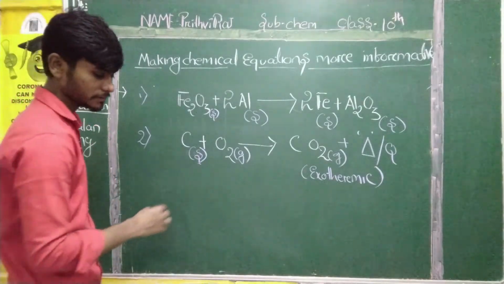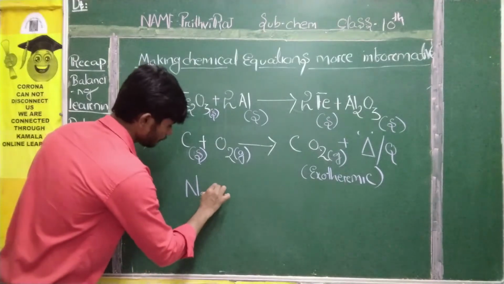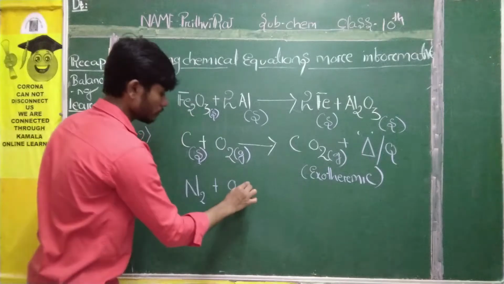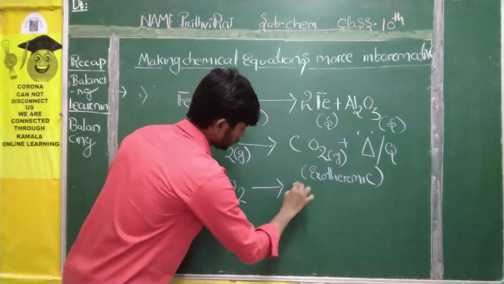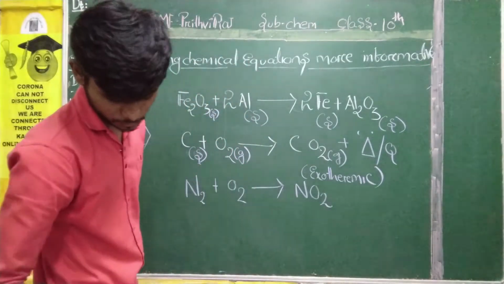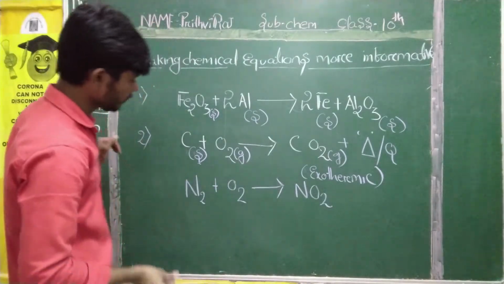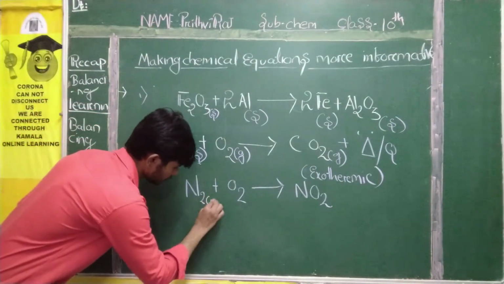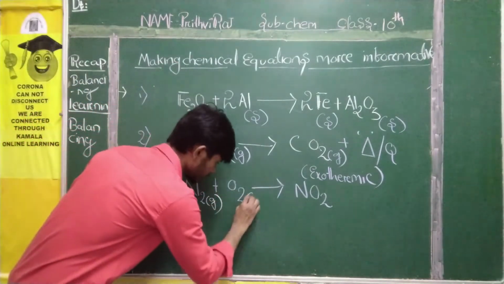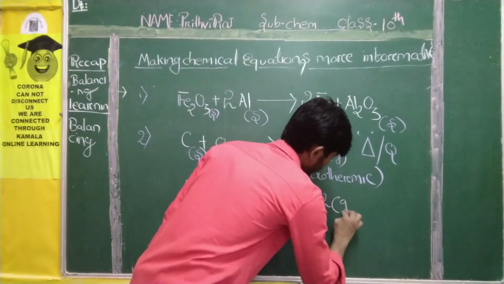Next example is N2 plus O2 gives rise to NO2. Here students, N2 is a gas, so I write g. O2 is a gas, I write g. NO2 is a gas, again I write g.